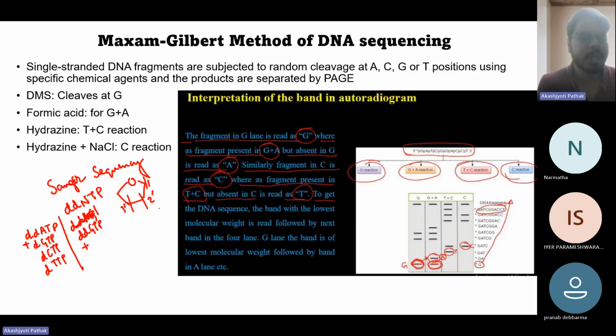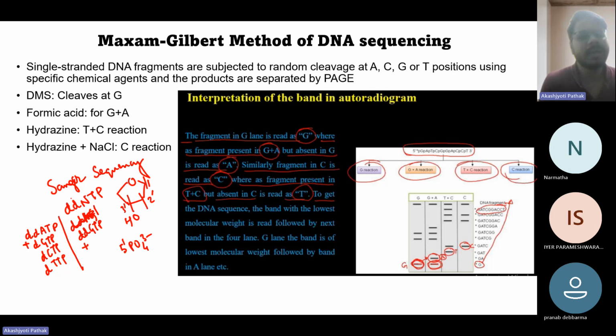Because the OH group is now absent from the 3' carbon, the phosphoester bond cannot be formed. For formation of a phosphoester bond, you need a 3' OH group and a 5' phosphate group. If the 3' OH group is not present, the polymerase can no longer elongate the strand, so at that step the reaction will come to a stop.